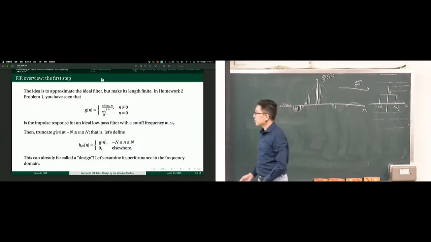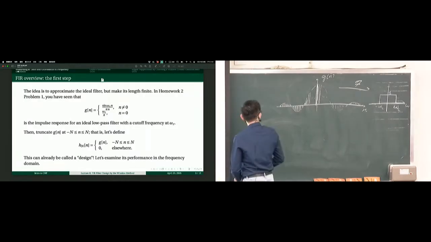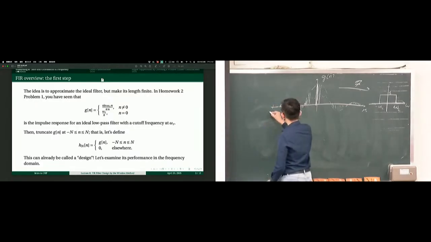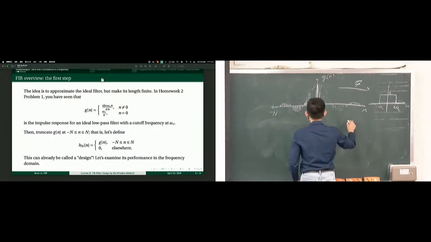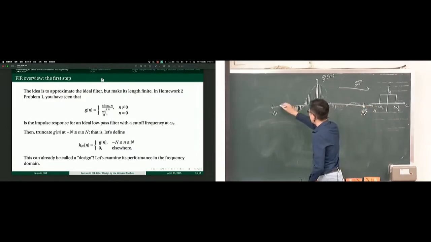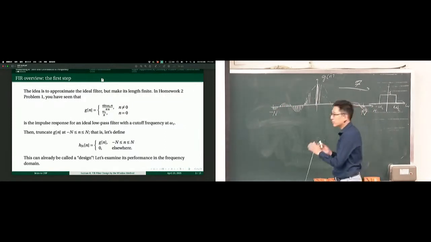So there's a recommendation: let's truncate. Let's simply keep the middle part. Sooner or later we need to disregard everything outside the range from minus n to plus n. This is truncation.